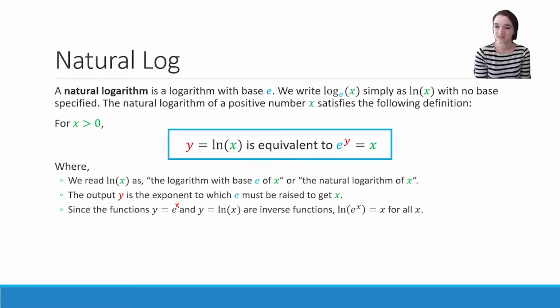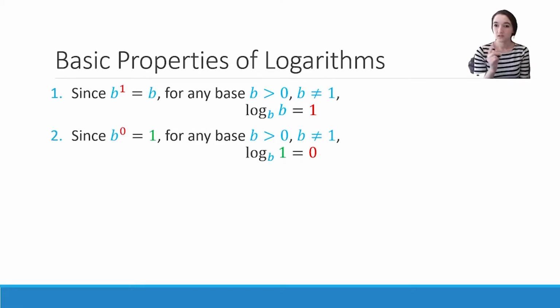So just remember that this is an interesting property that we have, but it actually gets a little bit more interesting than that. So here we have that since b to the first power equals b for any base b, this is something you should know, that 3 to the first power is 3, 7 to the first power is 7, 2.5 to the first power is 2.5.